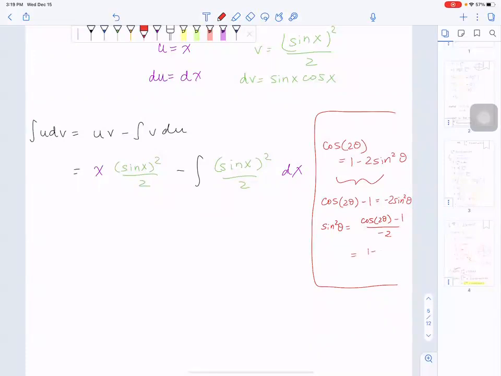Or you could also write it as 1 minus cosine 2 theta over 2. So this was the fact that you needed to use in order to solve this integral.